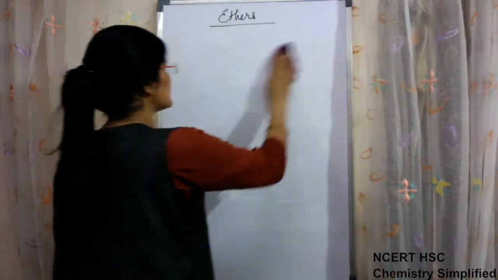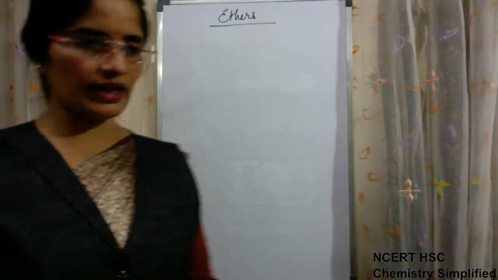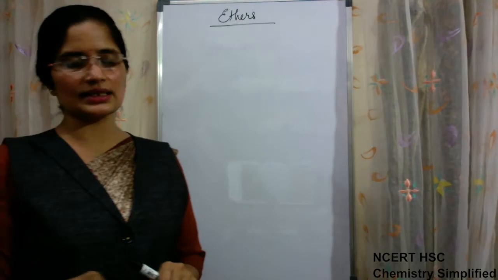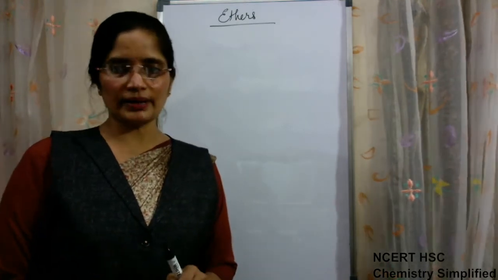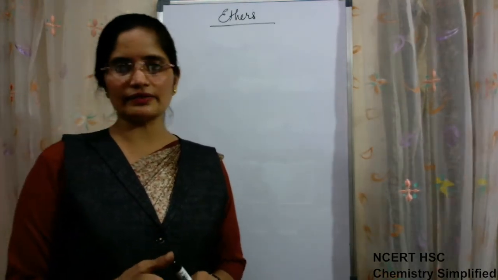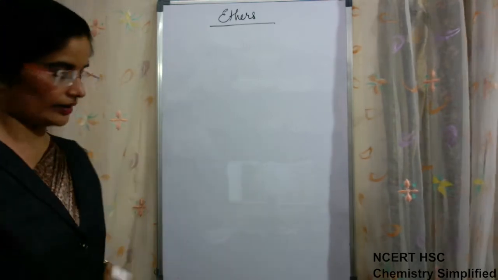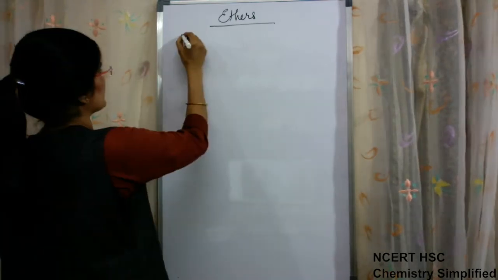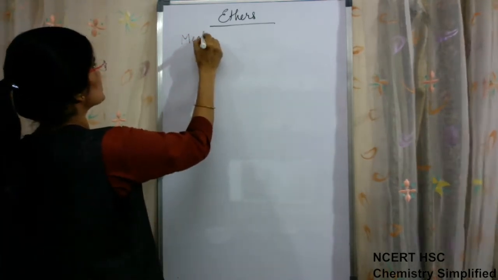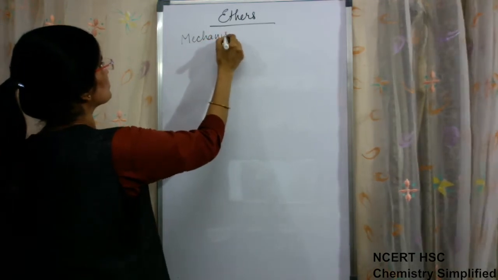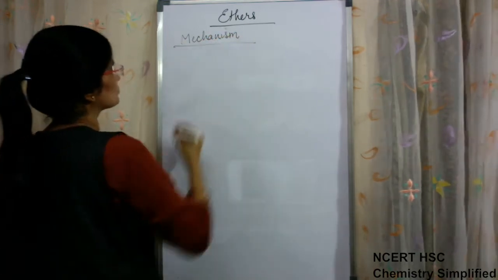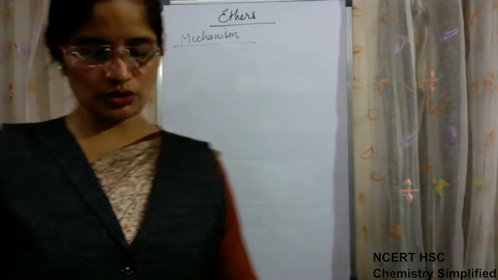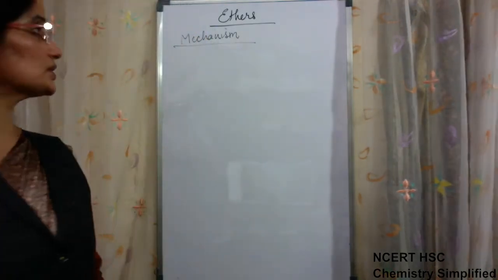So now in this reaction, you know that we have used 2 alcohol molecules and dehydration is taking place with the help of sulfuric acid, which provides H positive ion. Now again, there is a mechanism for this reaction in your syllabus. Okay, the mechanism of dehydration of alcohol to form ethers.